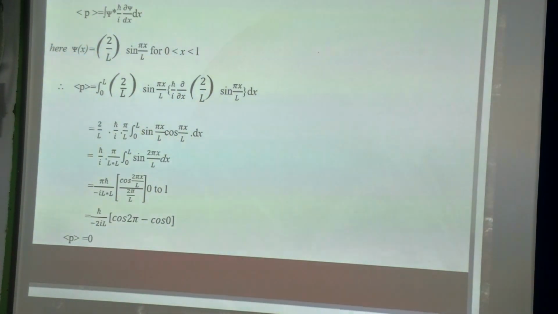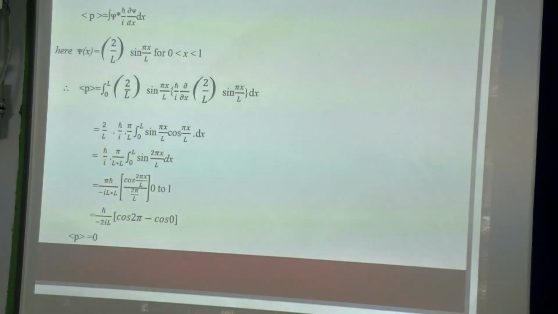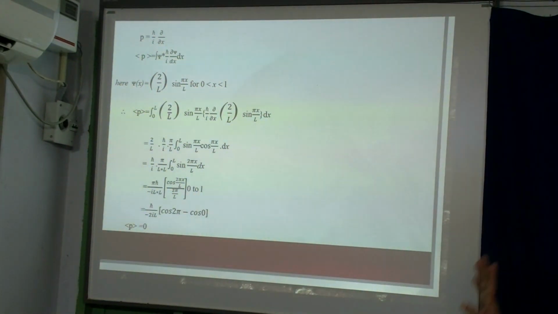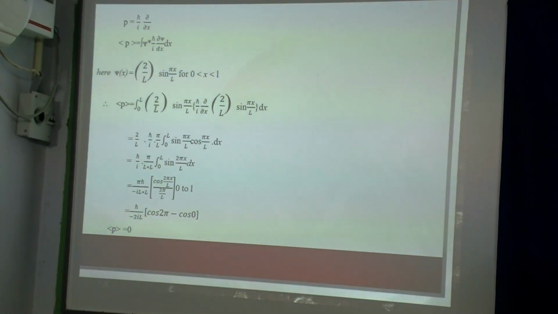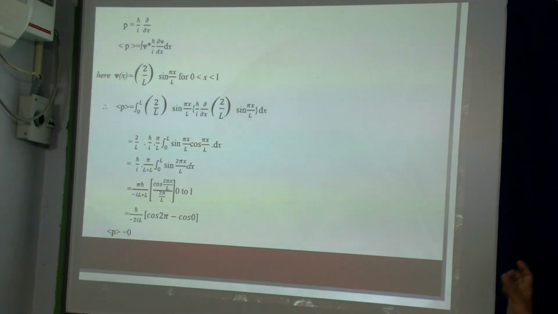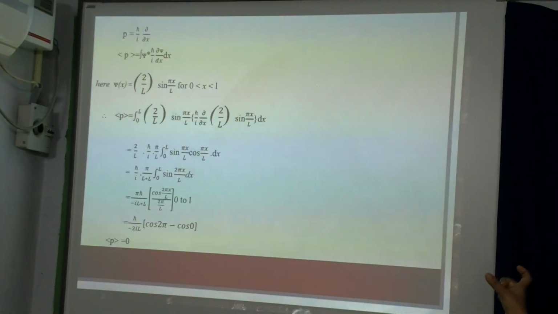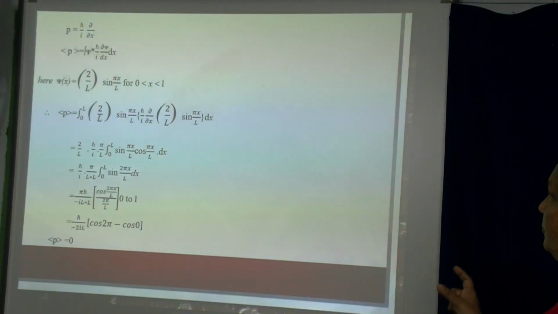Here instead of psi, we can substitute the given function, 2 by L into sin pi x by L, in the interval 0 to L. After substitution, we get this integral of 2 by L sin pi x by L into the momentum operator h cross by i dou by dou x, again acting on the given wave function.